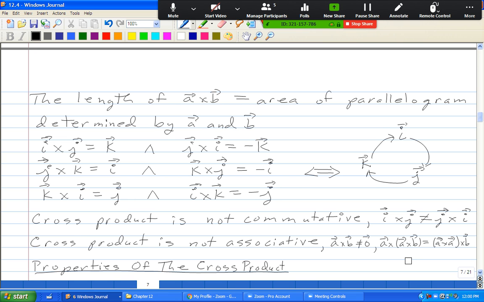A cross A is going to be 0. Cross B will be 0. So this side is going to equal 0.